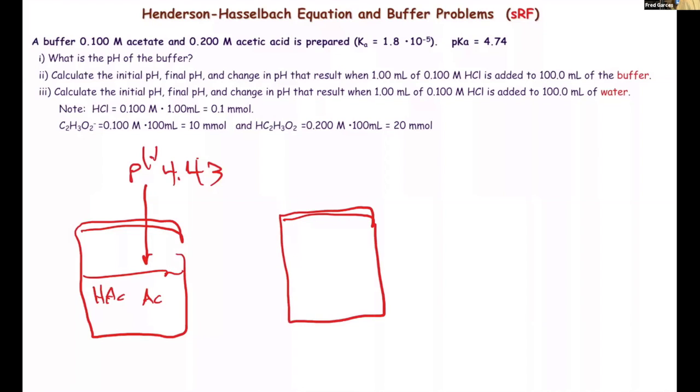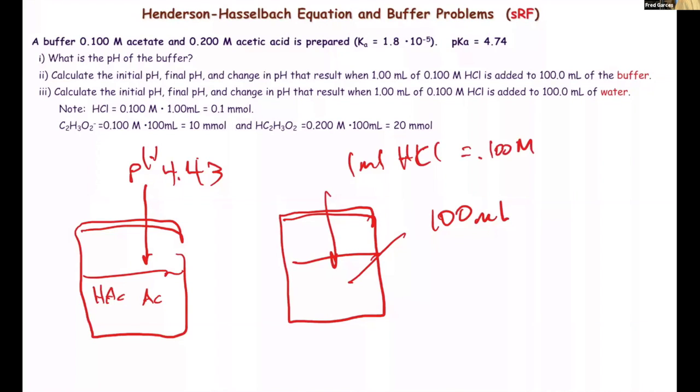Here we have 100 milliliters of water, and we add to it 1 milliliter of 0.100 molar hydrochloric acid. Initially this water has a pH of 7. But when you contaminate it with 1 ml of acid, the pH now drops to about 3.0.